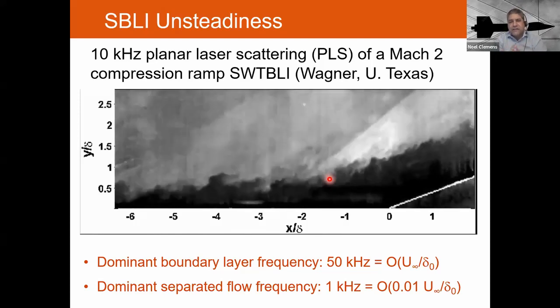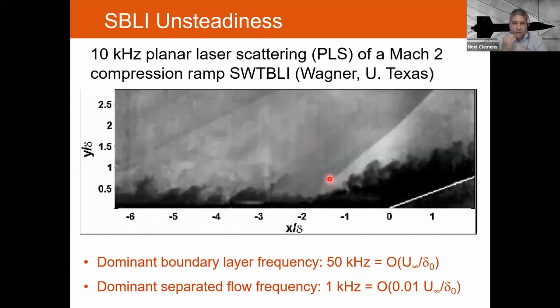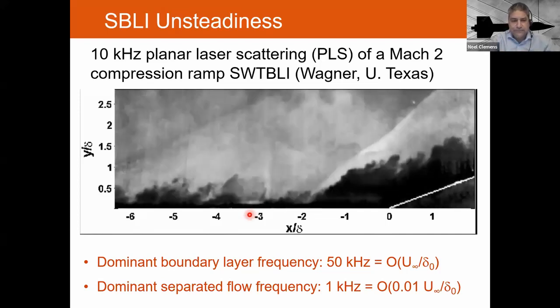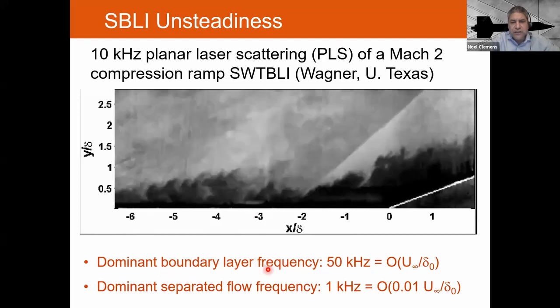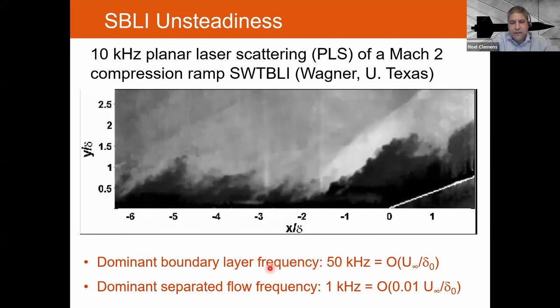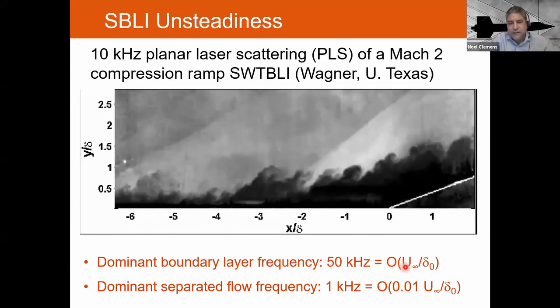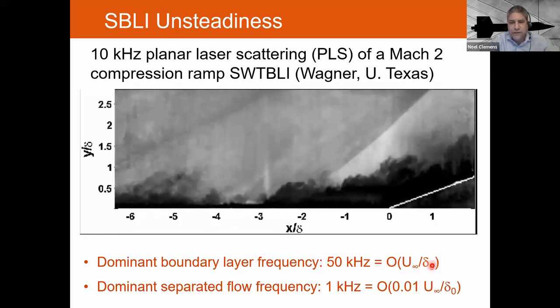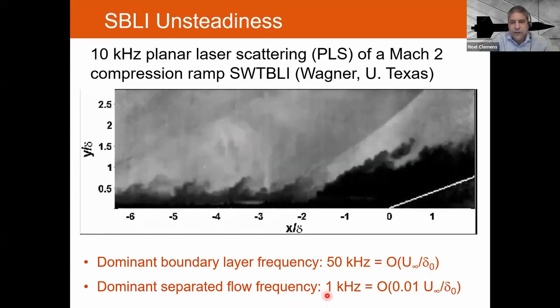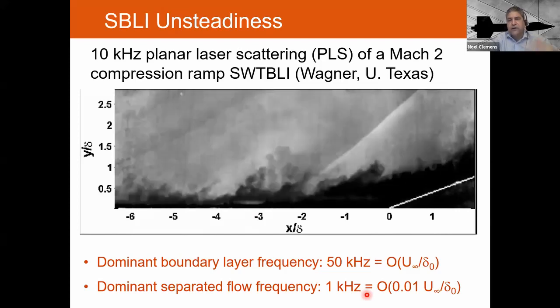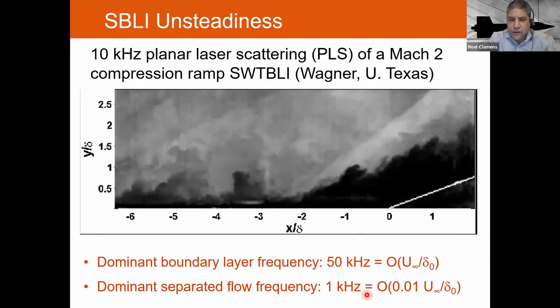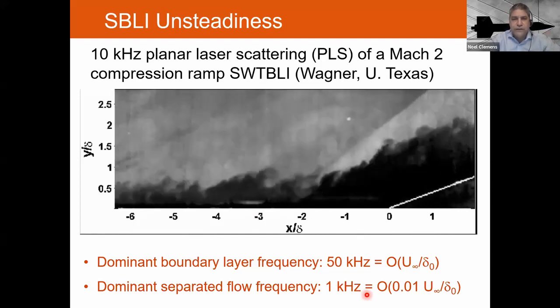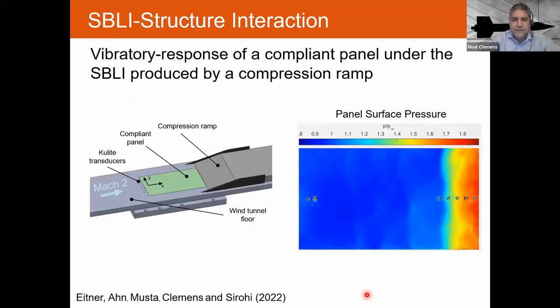Because it is moving at much lower frequencies than the upstream boundary layer. So this is a good demonstration of the issue: the dominant boundary layer frequency is, say, of order 50 kilohertz for this flow, and the dominant separated flow frequency is down there around 1 kilohertz. And so it's actually well time resolved with these 10 kilohertz diagnostics.